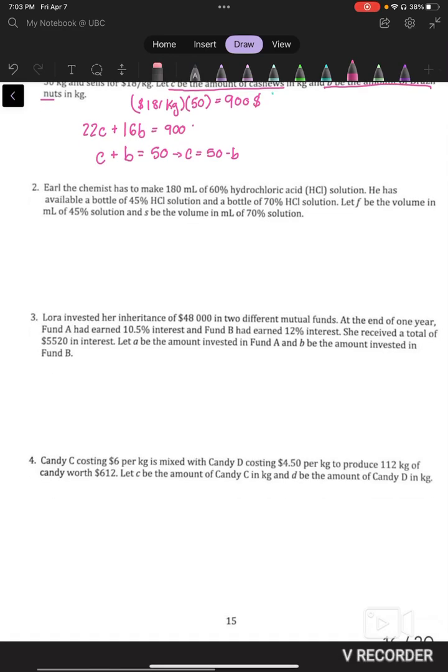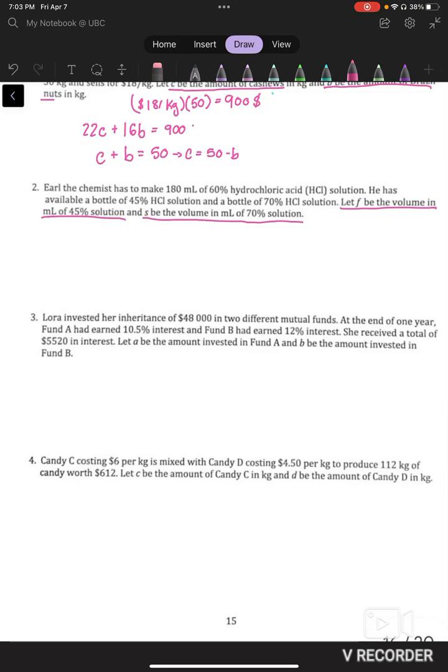For number 2, it says Earl the chemist has to make 180 mils of 60% hydrochloric acid solution. He has an available bottle of 45% hydrochloric acid solution and a bottle of 70% HCl solution. Let F be the volume in mils of 45% solution and S be the volume in mils of 70% solution.